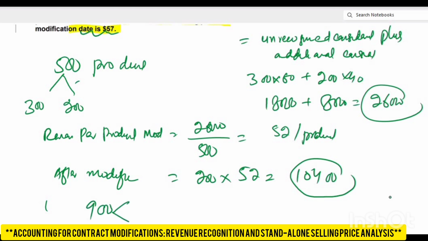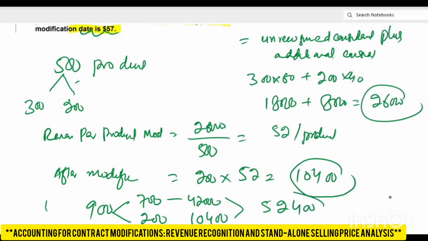This 900, you have already recognized 700, and now you have to recognize 200 more. So for this you have calculated 42,000, and for this you have calculated this amount. So the total revenue to be recognized at the reporting date will be 52,400.